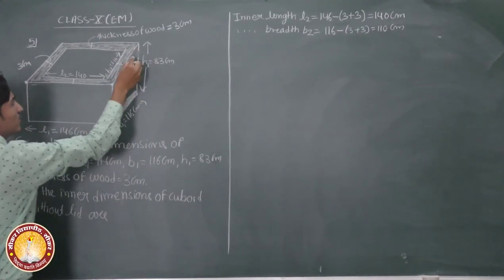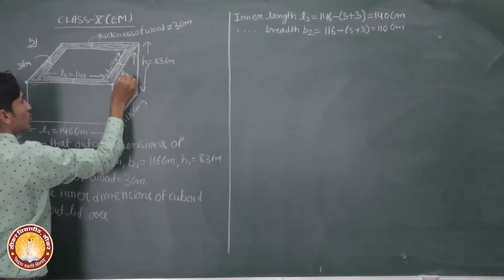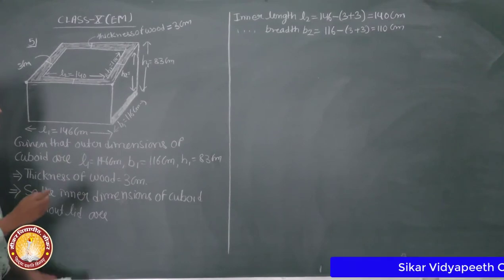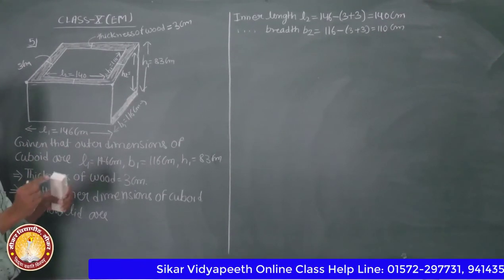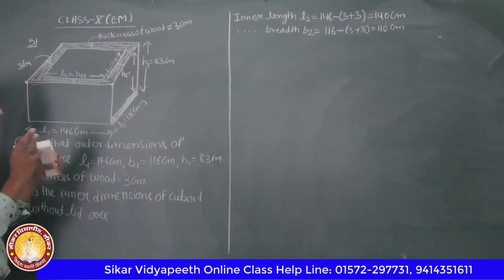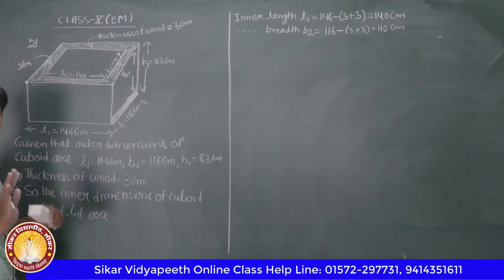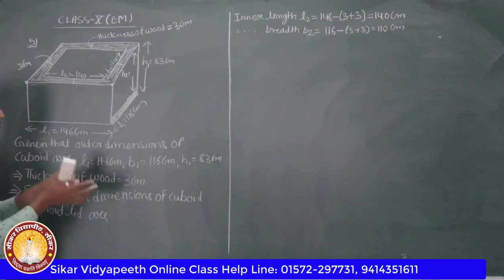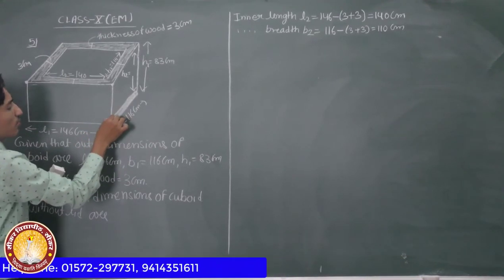If we find its height h2, in the question it is given that the box is without lid, otherwise the box is open, so there is no roof. So the thickness of wood is included only in the bottom part.